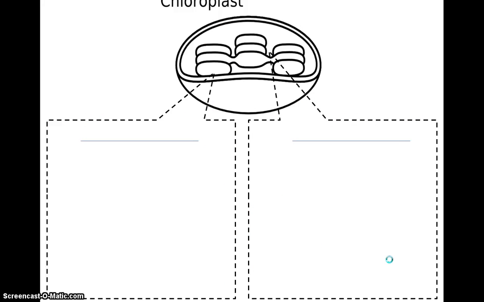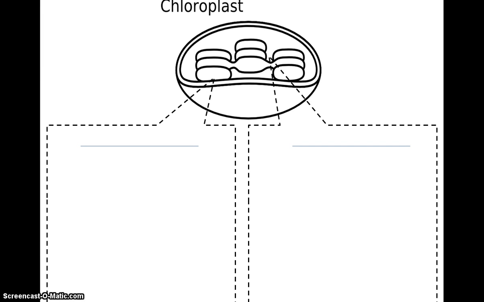All right, so let's summarize what we talked about. All of these processes we've talked about happen in the chloroplast, which is that organelle in the plant cell. And we're going to talk specifically about two parts. One is the thylakoid, and that's what all these little membranes are.